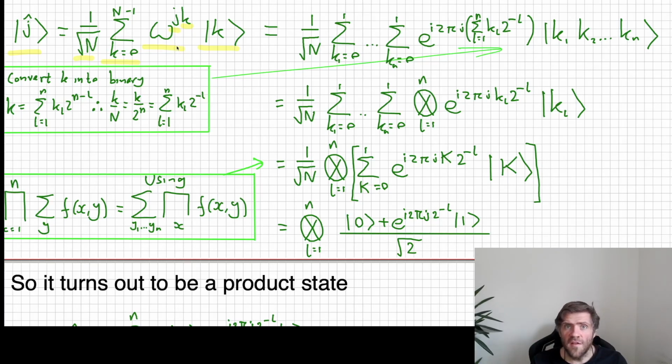Now, one thing we can do is express this k in binary. So here we're using the fact that if we express k in binary, it looks like this, which has this 2 to the n in here. So if we divide k by 2 to the n, which is also known as big N, then we get this much simpler expression, which is just basically we've shifted everything to the other side of the decimal point.